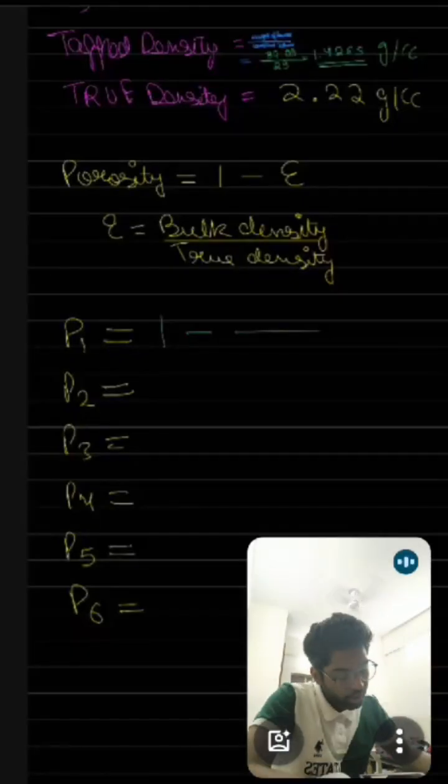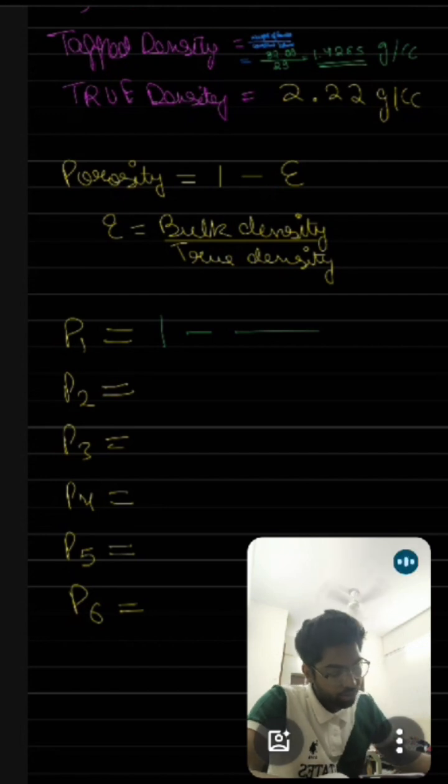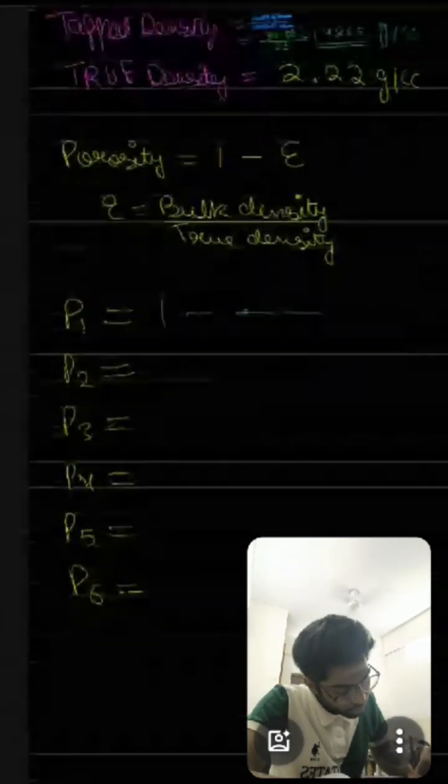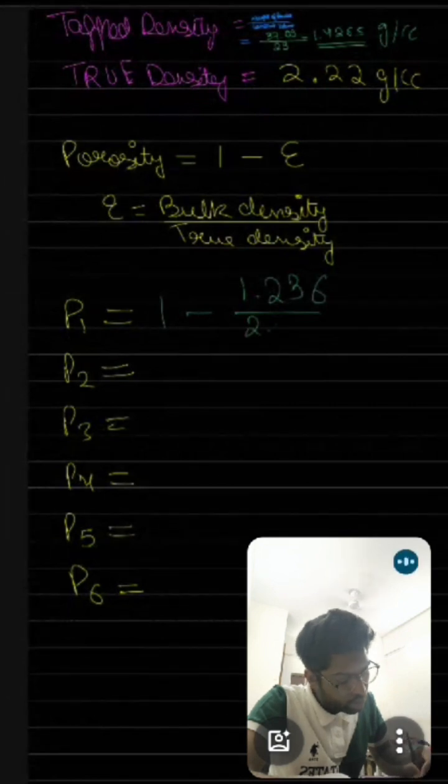Now we will calculate the porosity of the substance, that is 1 minus E, where E is bulk density upon the true density of the substance. So for the first reading, the bulk density comes out to be 1.2236, and the true density is 2.22.